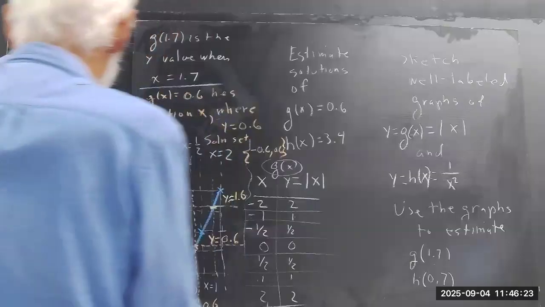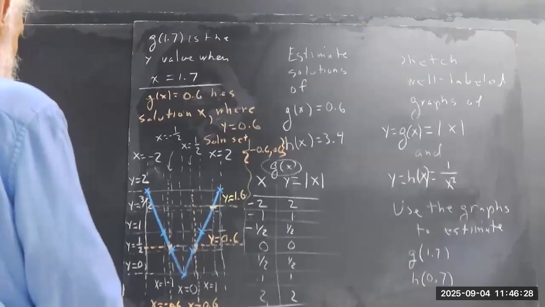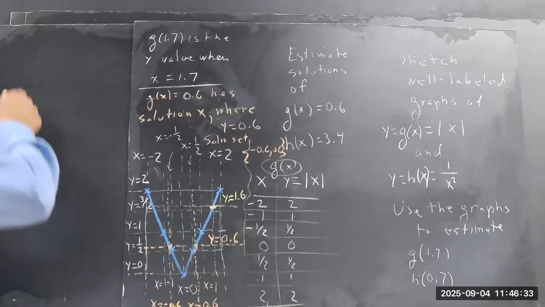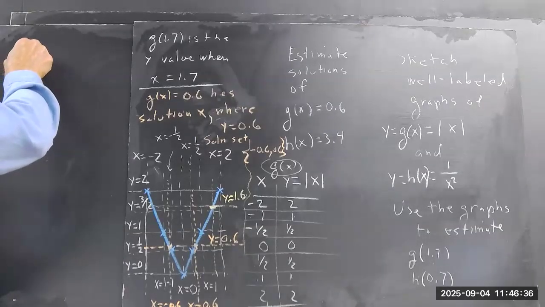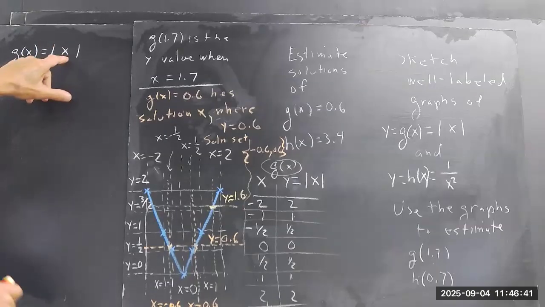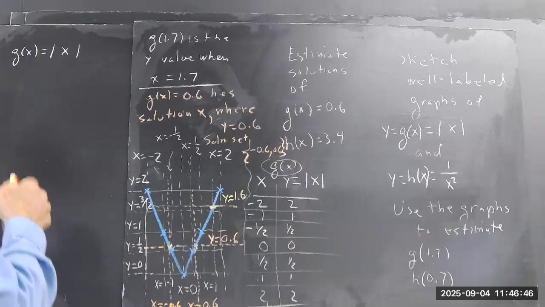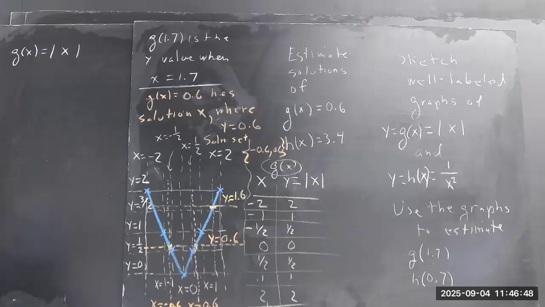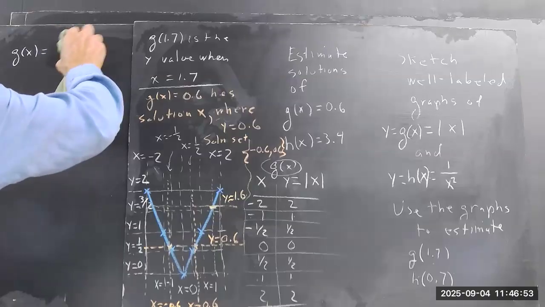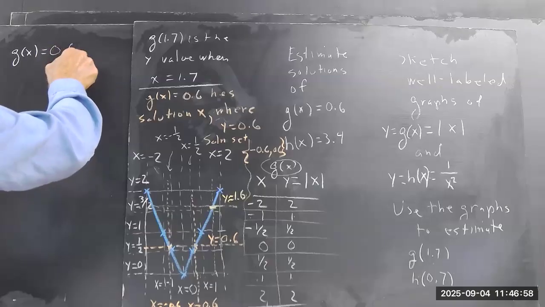Okay, here's the equation. G of x equals absolute value of x. That's a definition, but we've already got that. G of x equals 0.6.